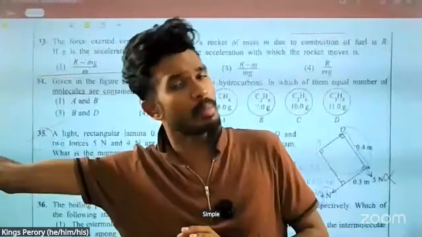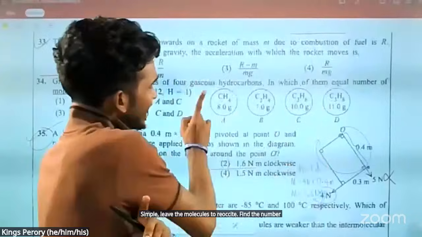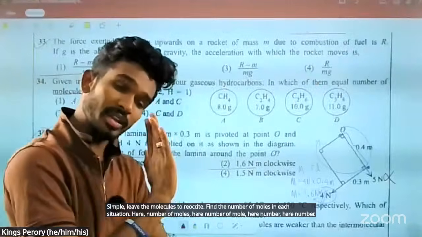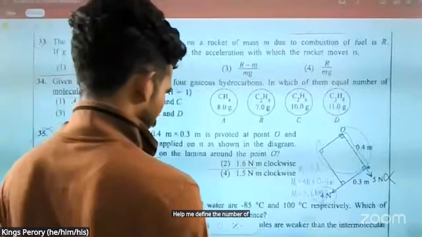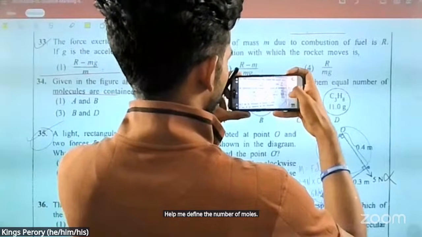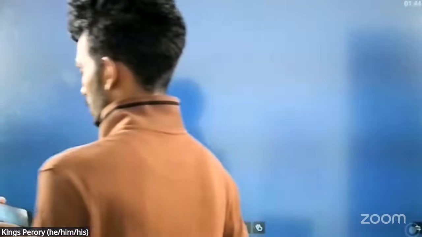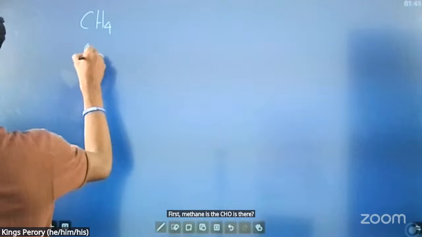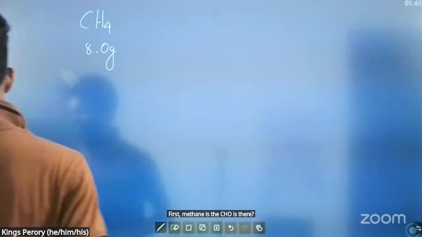Simple. Leave the molecule story aside. Find the number of moles in each situation. Here number of moles, here number, here number. Help me to find the number of moles. First, methane is there, CH4, 8.0 grams.